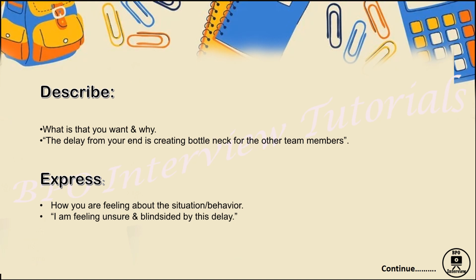I'm feeling unsure and blindsided by this delay. So I'm telling my QA that because of this issue I'm feeling very bad, blindsided because of this delay, and the customer got impacted. These are certain ways to give feedback. Rather than going to the aggressive manner, we can go with the assertive manner.